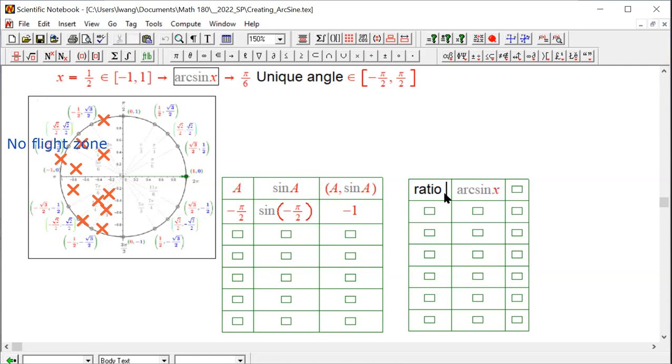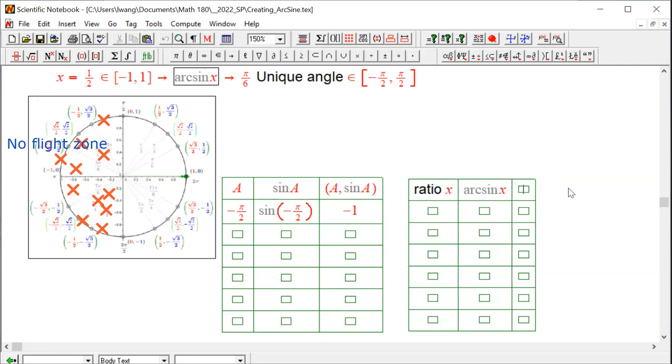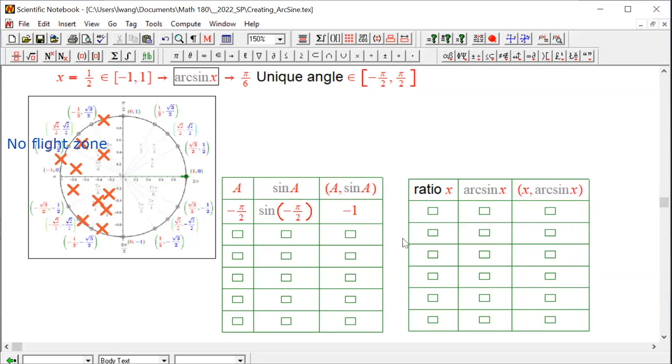Let's just use X, after all, X seems to be so popular. The input will be ratio X, and the output is going to be arcsine of that number. So let's first set up.